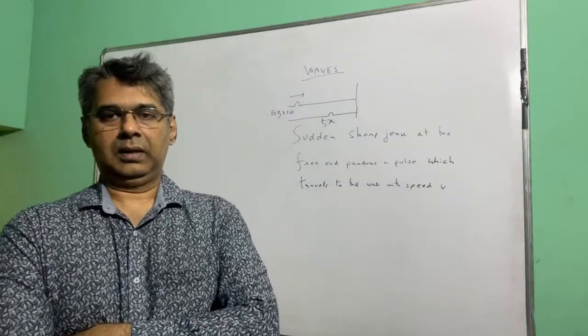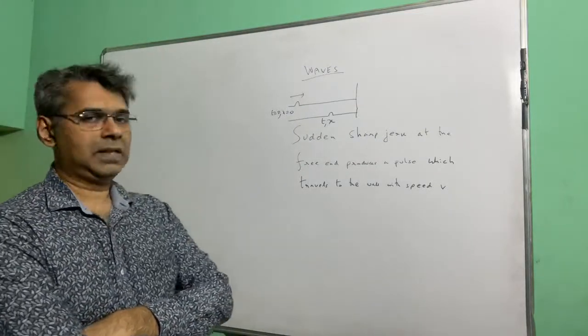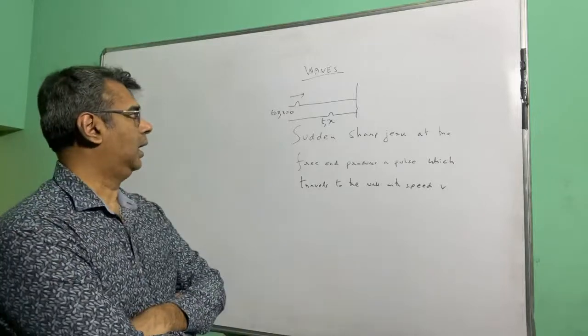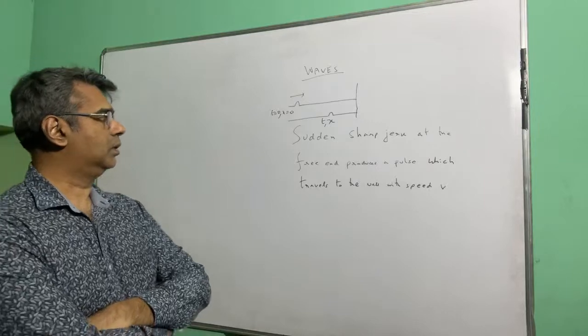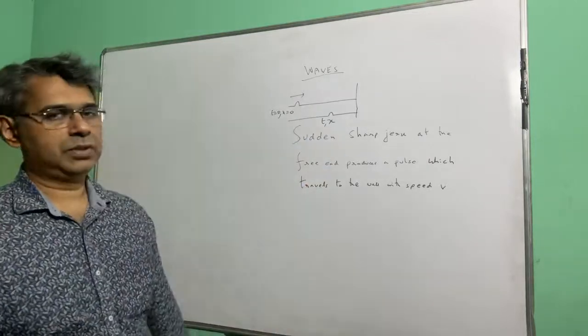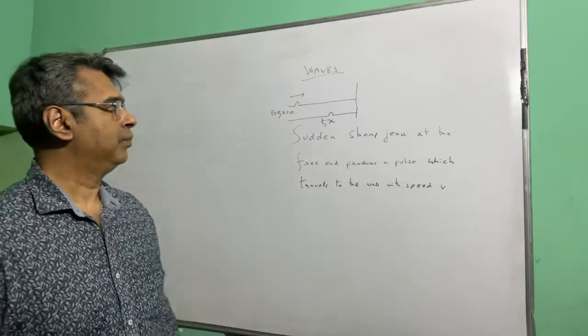So at time 0 the pulse has just been created, at the place we are calling x equal to 0, and at a time t the position we are calling x.